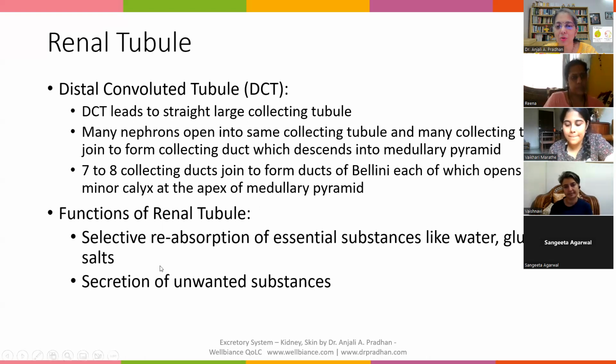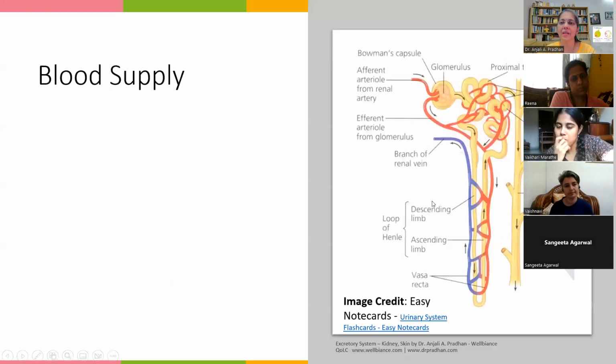So it is reabsorbed. And secretion of unwanted substances like ammonia, then hydrogen ion. So blood supply. Are you following now?